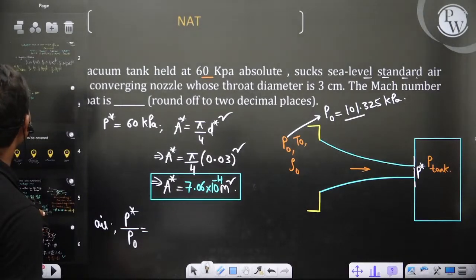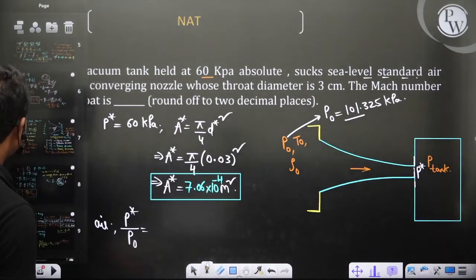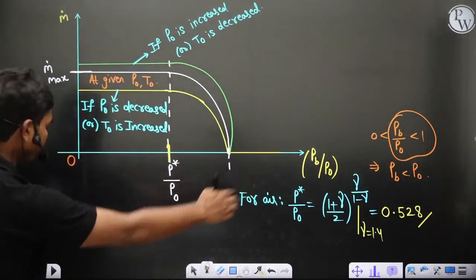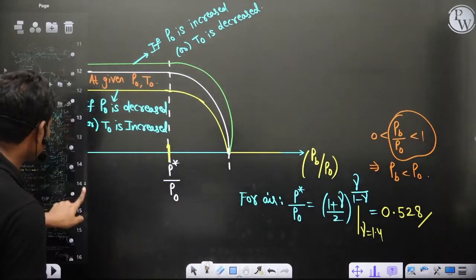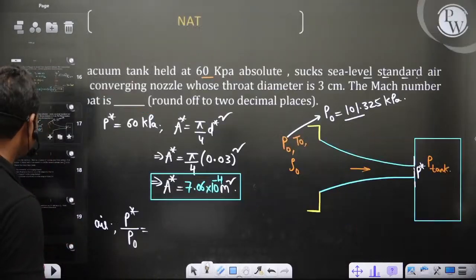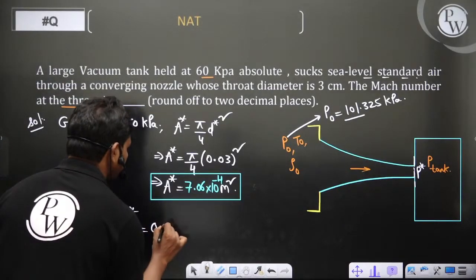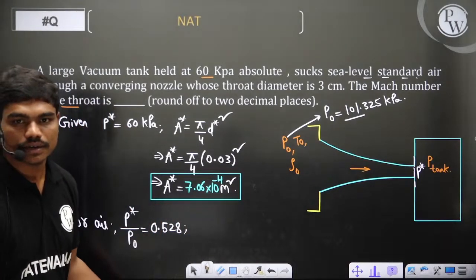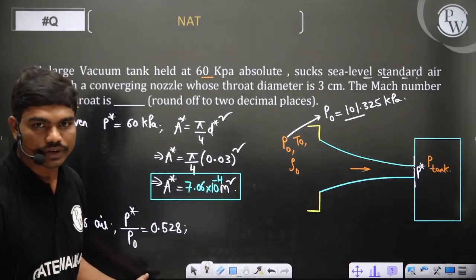For atmospheric air, yes, we have calculated it here: 0.528. So P star by P0 is 0.528. That's what we get.